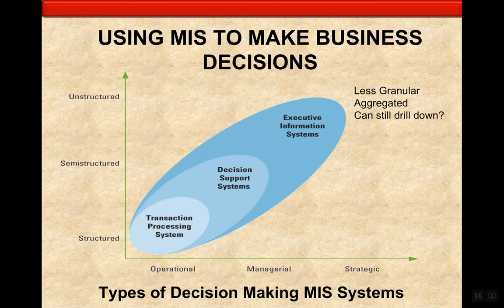With the operational structured level, this first level here, the types of systems we call transaction processing systems. A transaction processing system is focused on the execution of a business process, like for example the sale of a product. There are a number of steps that need to be executed to successfully sell a product, and transaction processing is optimized to do that.